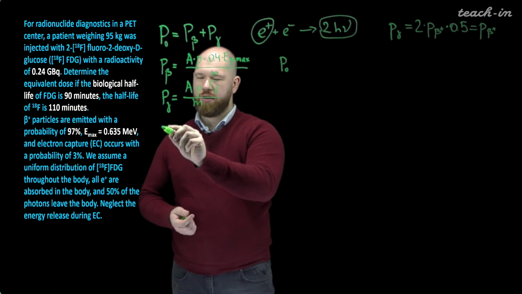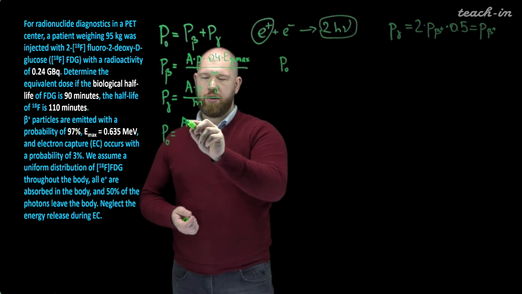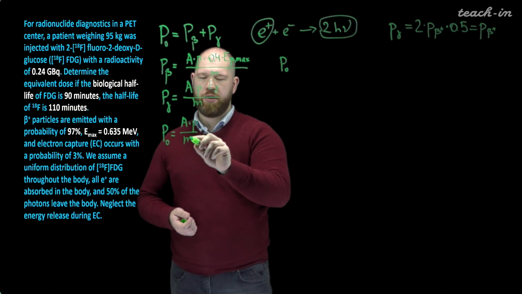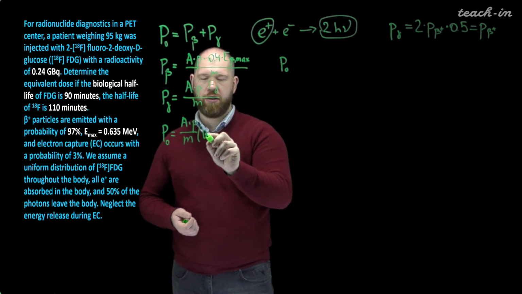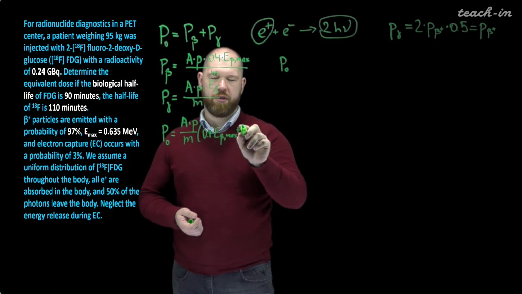So thus the total, let's write it here, the total dose rate will be equal to activity multiplied by the intensity of beta particles divided by the mass of the human body, and here it's just the energy of beta particles and the gamma quanta.